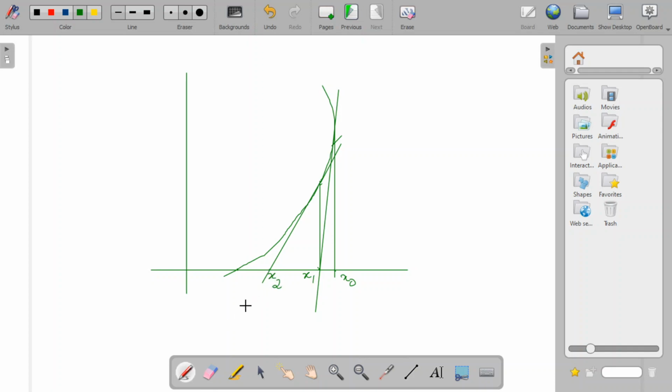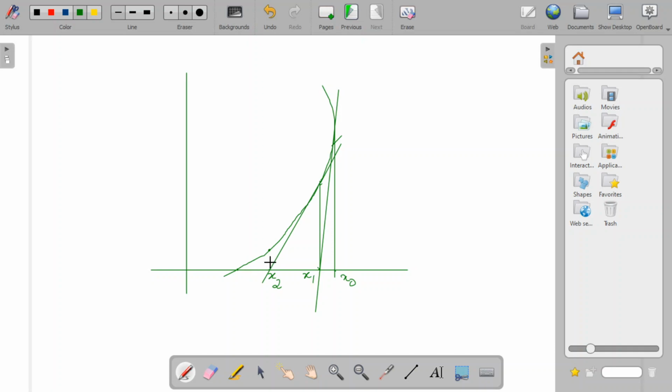Again at x2 we find f of x2. At this point you again draw the tangent. Again it will cut at x3. Like that it goes on.